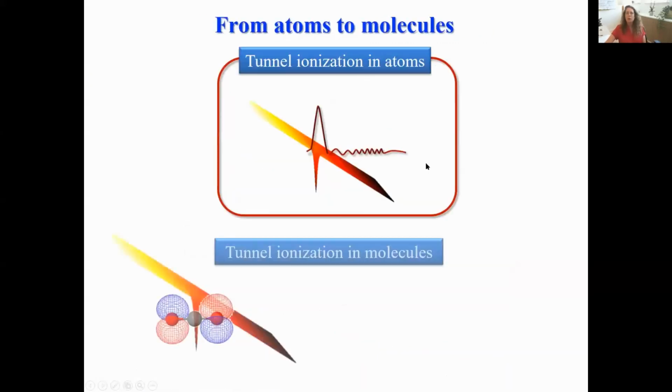Now, once we go from atoms to molecules, we realize that tunneling serves not only as a very accurate temporal event, but also as an extremely accurate spatial probe. For example, tunneling from a molecular orbital projects the outer part of the orbital into the structure of the ionized electronic wave function. And an interesting situation is tunneling along the nodal plane of the orbital.